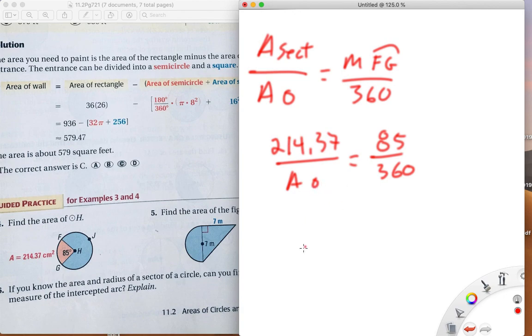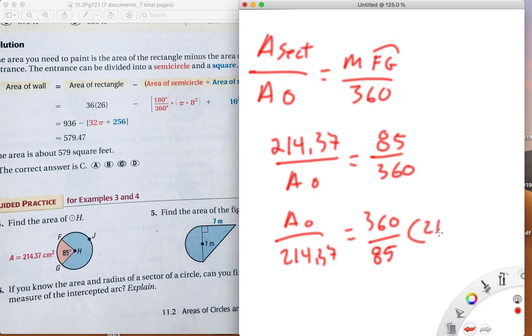Okay, so since the area of the circle is here in the denominator, I would probably want to flip these and do the inverses. So area of the circle over 214.37 is equal to 360 over 85. Then multiply both sides by 214.37. These guys will cancel.